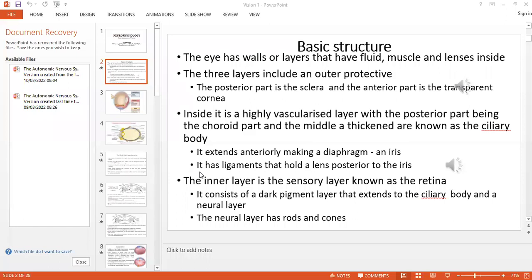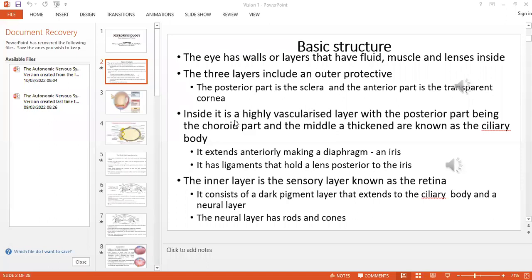Inside it is a highly vascularized layer, with the posterior part being the choroid, and the middle, thickened part known as the ciliary body. When you talk about the choroid being vascularized, it means it has a lot of blood vessels.